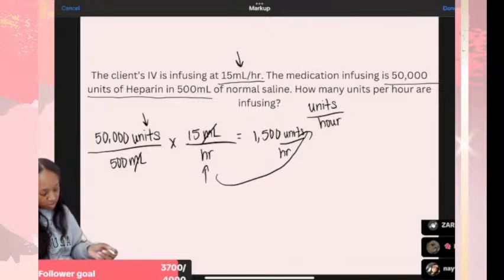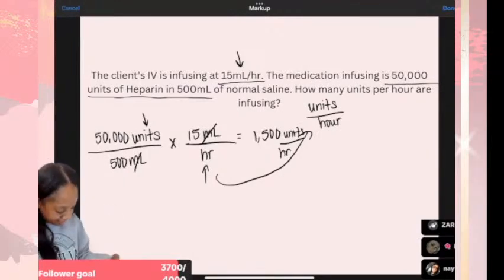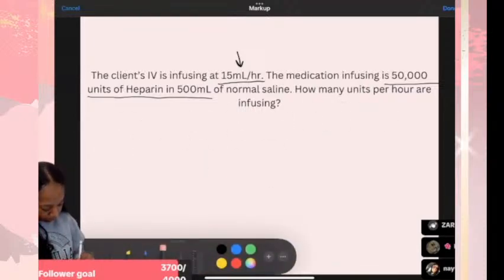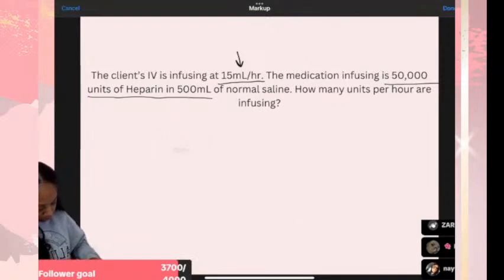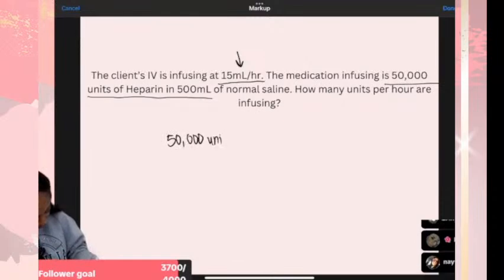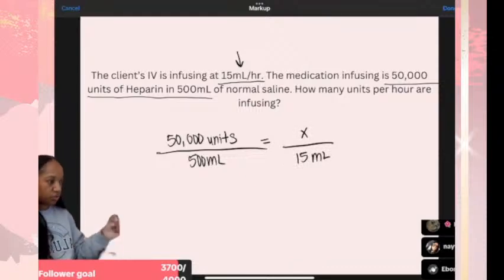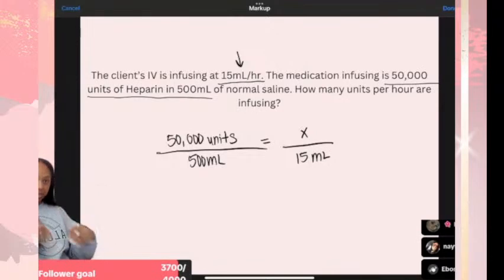So let's see here. If you wanted to set it up like in ratio and proportion, you could do 50,000 units over 500 mLs, and then 15 mLs over X, because you have your units on the top and your milliliters on the bottom.